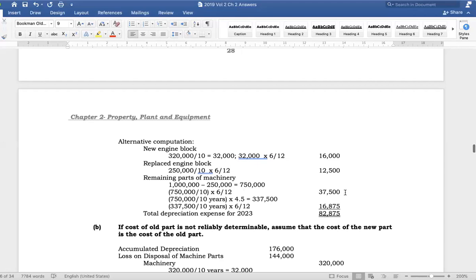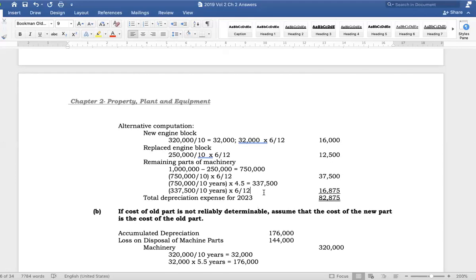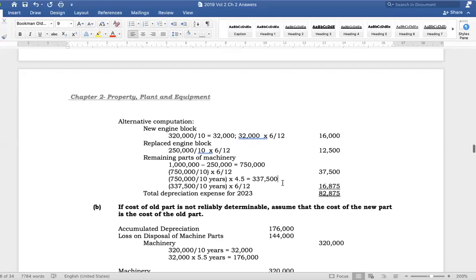that's 37,500. And then on the carrying amount of the machine after the replacement, so that is 750,000 divided by 10 times the remaining number of years, which is 4.5, so that's 337,500 divided by the revised life now of 10 years times 6 over 12, so 16,875.